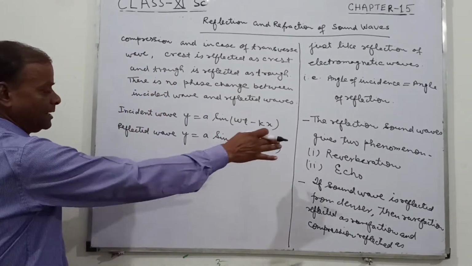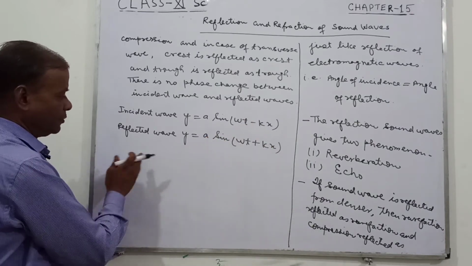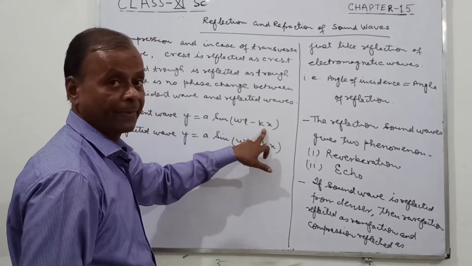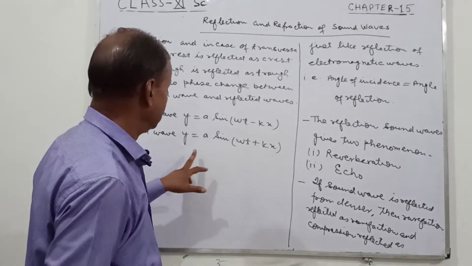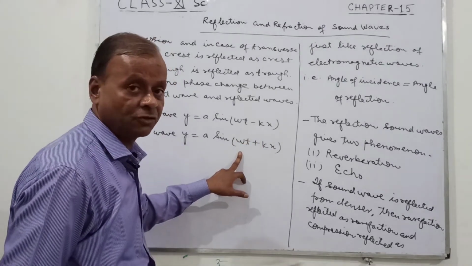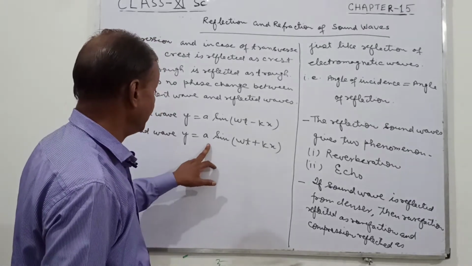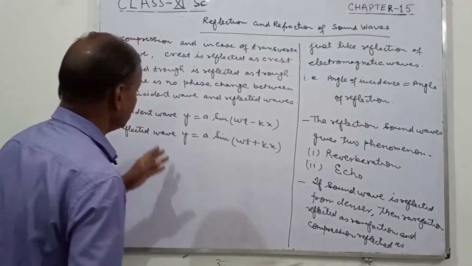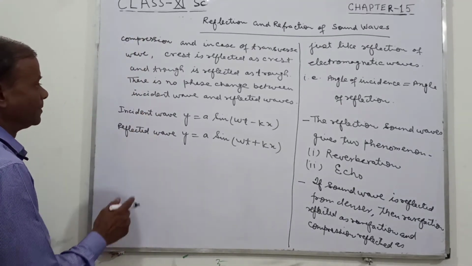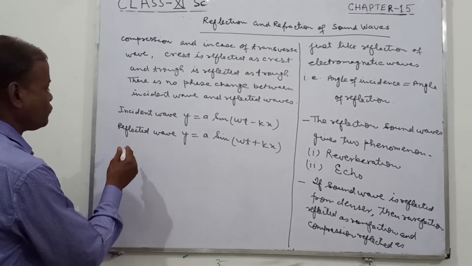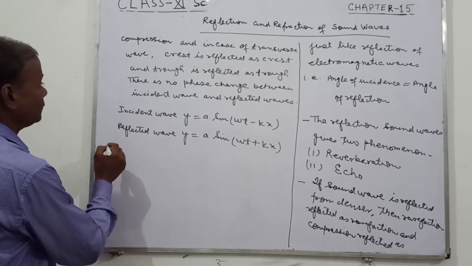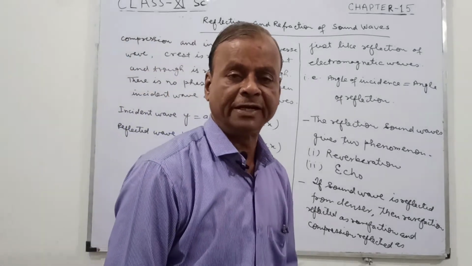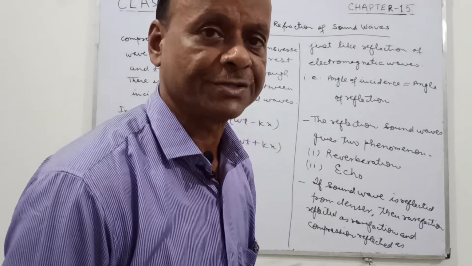Because the wave, suppose, is going in the positive direction of x-axis, then we have this equation. When this is reflected, then this will move in the negative direction of x-axis. So this will now be y equal to a sin omega t plus kx. There is no phase change at all. Or we can say that the incident wave and the reflected wave are in the same phase.